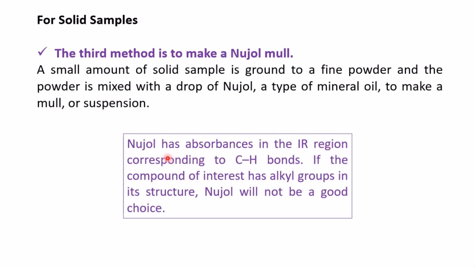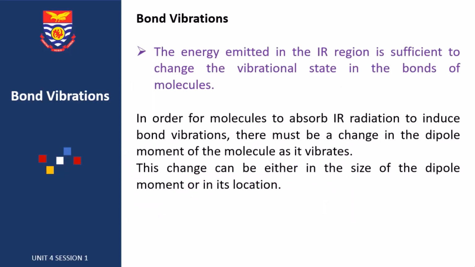Which of course corresponds to the C-H bonds. So if there are alkyl groups in the sample that you are running, then this process of solid sample preparation isn't advisable.